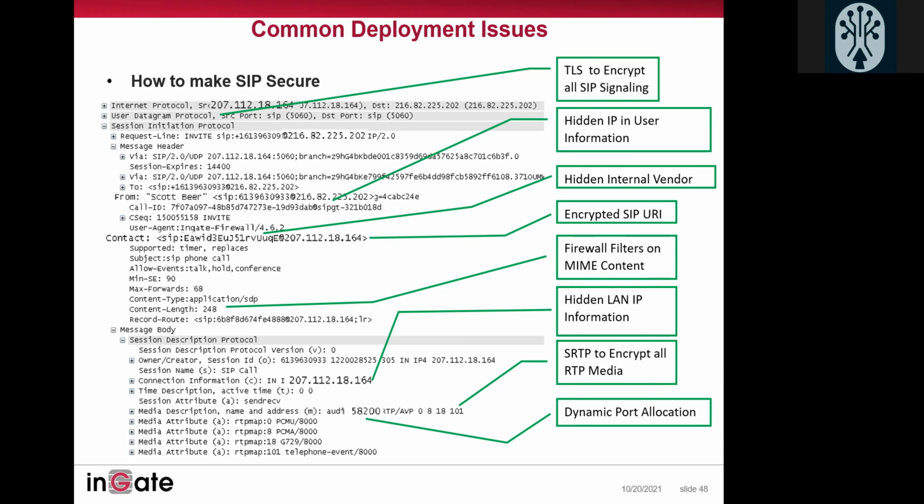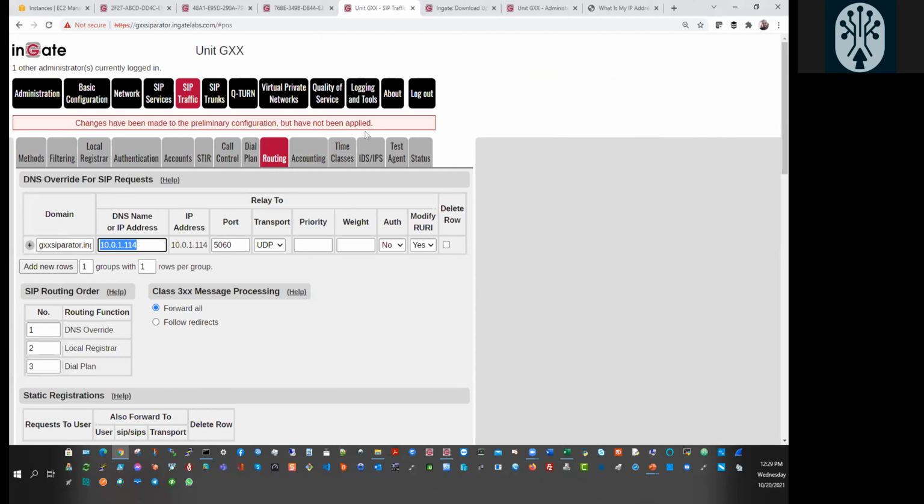We're going to replace that domain by the IP address of the PBX. So the invite going to the PBX will look like invite SIP colon the number dialed at 10.0.1.114. That is going to be replaced. That is what modify request URI means.